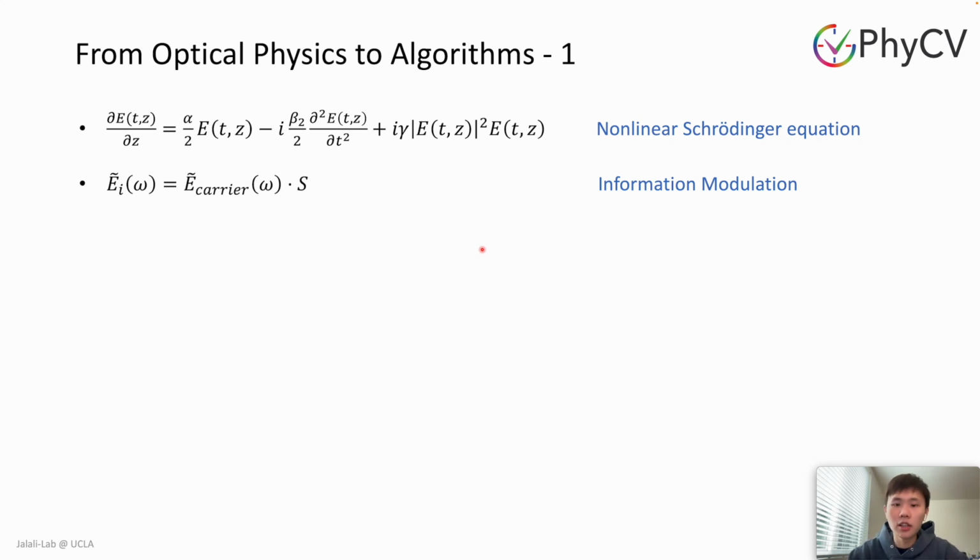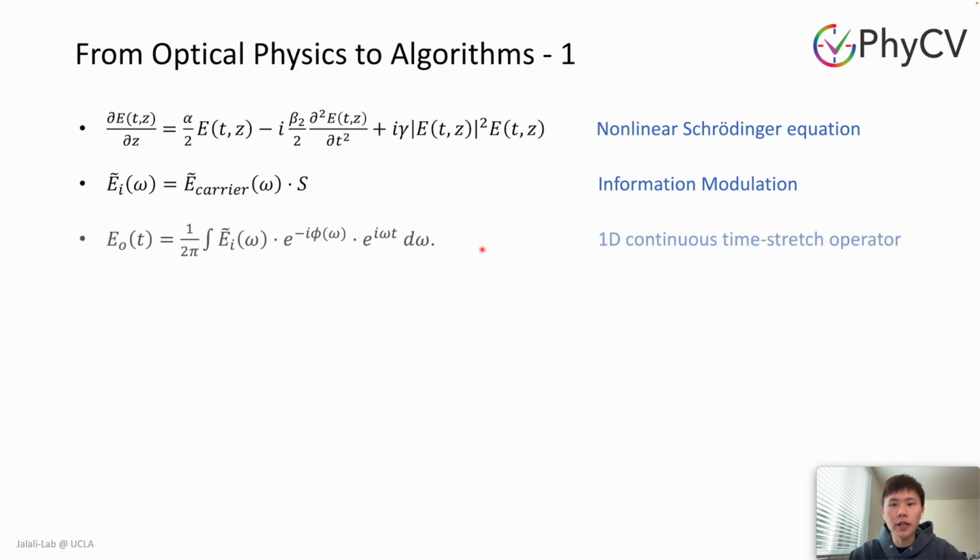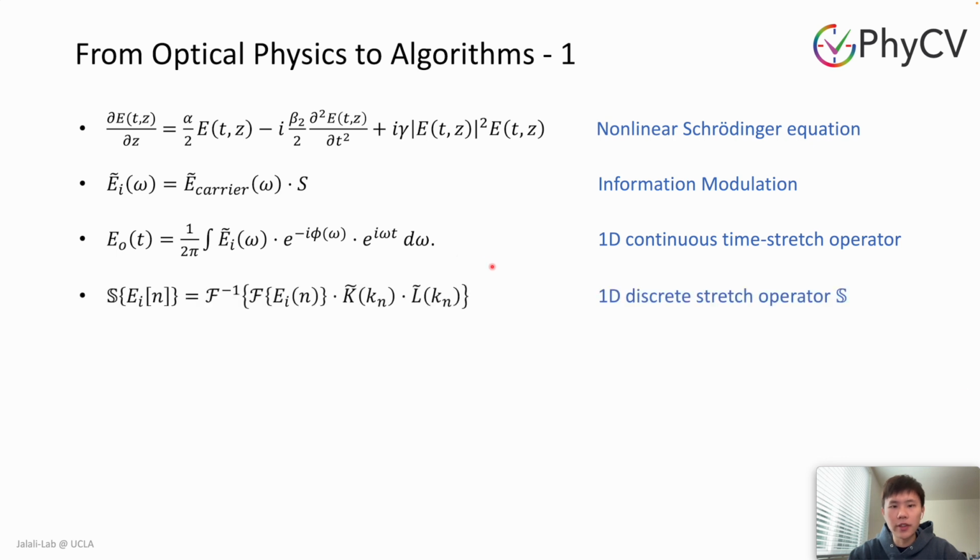By disregarding the loss and nonlinearity, the full nonlinear Schrödinger equation can be simplified to this integral equation. The information that is modulated onto the input pulse spectrum can be reshaped into a temporal signal at arbitrary timescale with a complex envelope, as shown in the equation here. Then we convert the operator to the discrete domain.